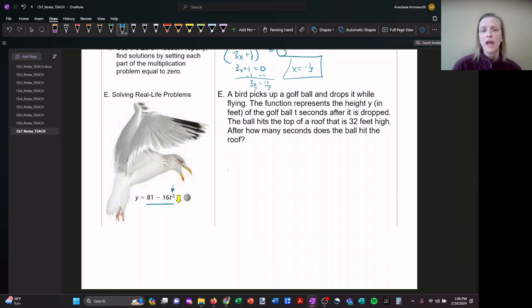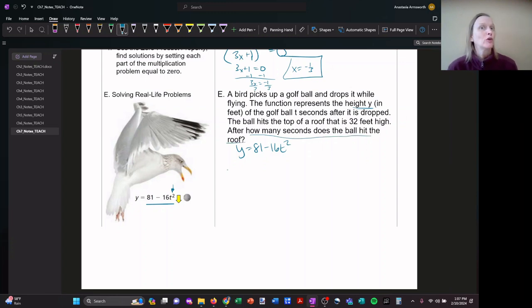And here we have the equation y equals 81 minus 16t squared. That's the equation that models the height of the golf ball t seconds after it has been dropped. The question that we're trying to solve is, after how many seconds does the ball hit the roof?